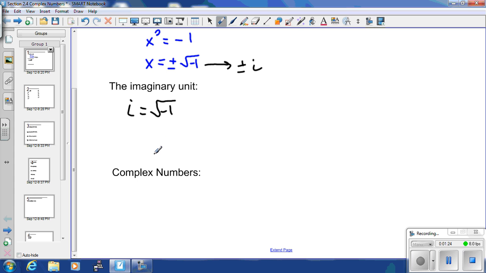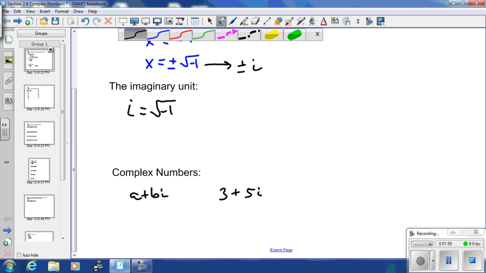So a complex number is a number of the form a plus bi, where a and b are going to be some numbers. Sometimes there's zeros and negatives and positives, and so a complex number might look like 3 plus 5i. That is a complex number. It has two parts.